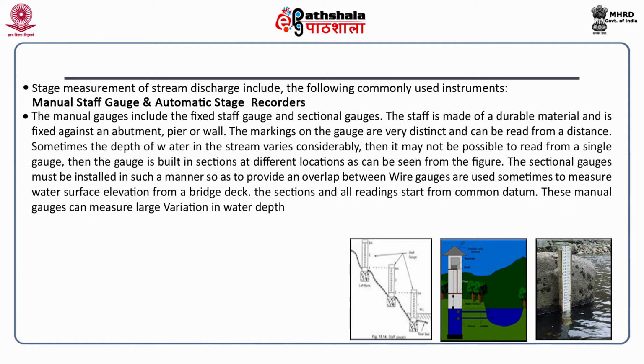In this, essentially what we do is we measure the level of water in the stream, and once we measure the level of water in the stream, we actually align it with the discharge. So, we know that if the depth in the stream is 5 meters, then of course the corresponding discharge will be so many cubic meters per second. So, that is known as a stage discharge curve.